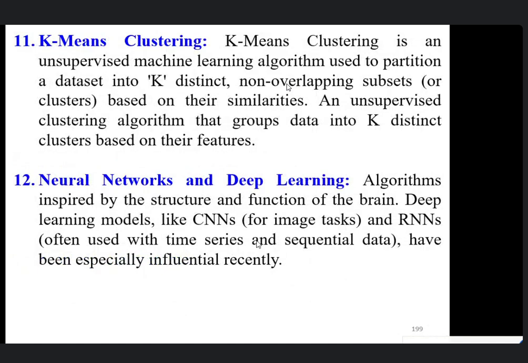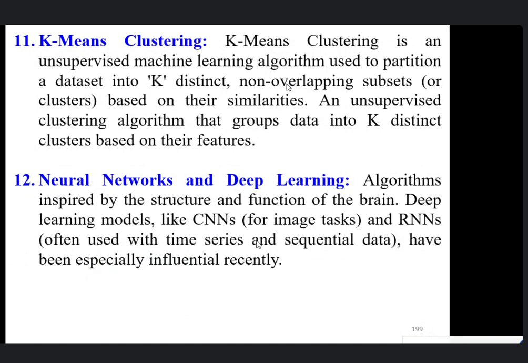Then k-means clustering is an unsupervised machine learning approach. It is used to partition a data set into k distinct non-overlapping subsets or clusters based on their similarities. It groups data into k distinct clusters based on their features.